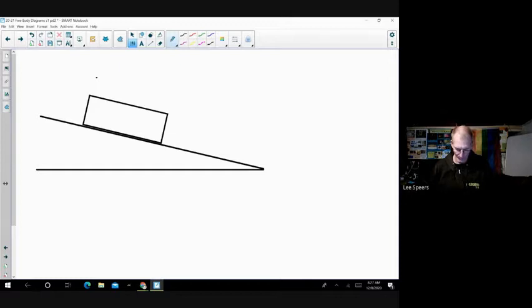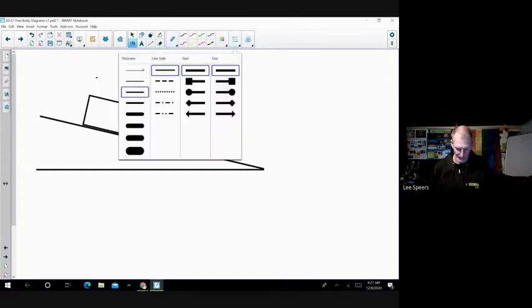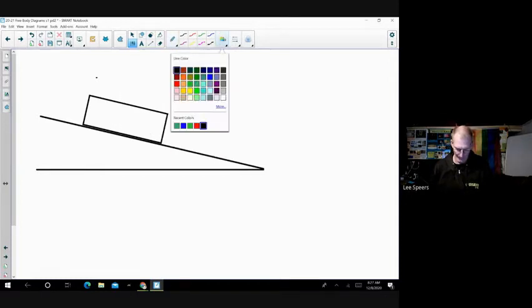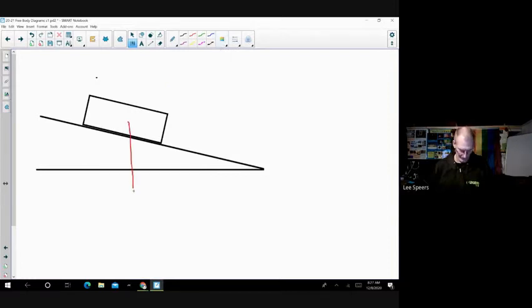So the weight force is still acting straight downward.